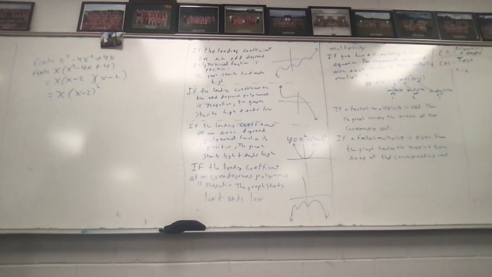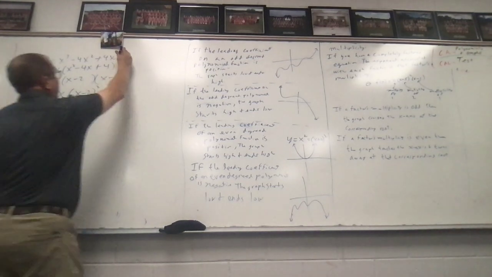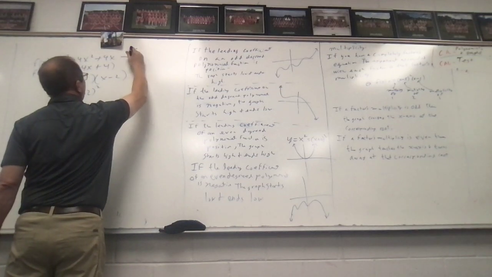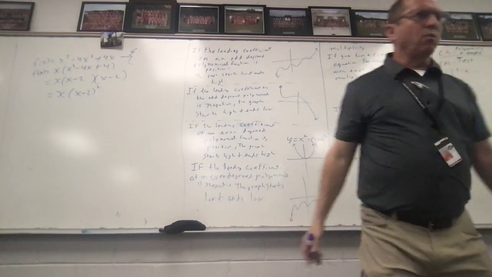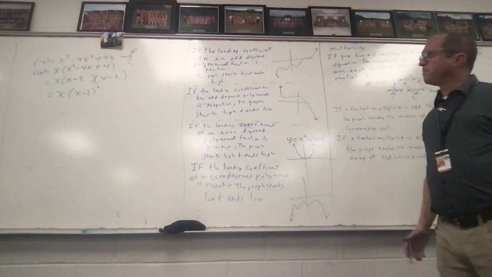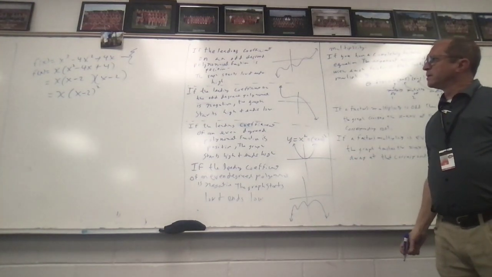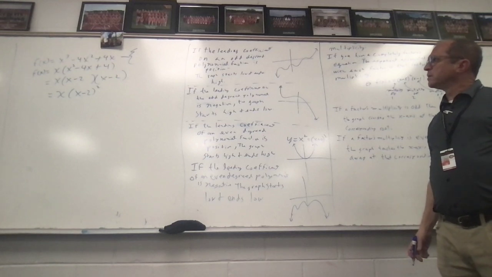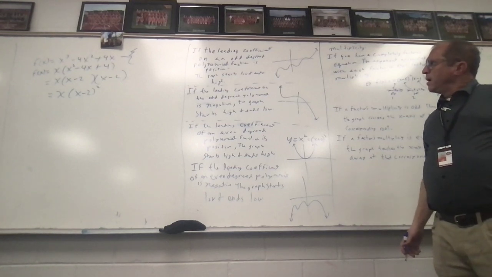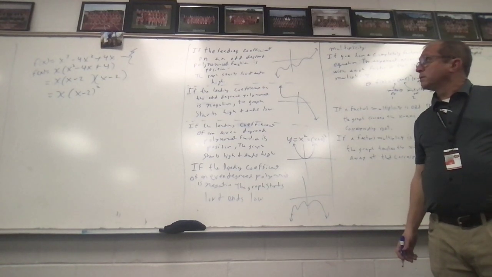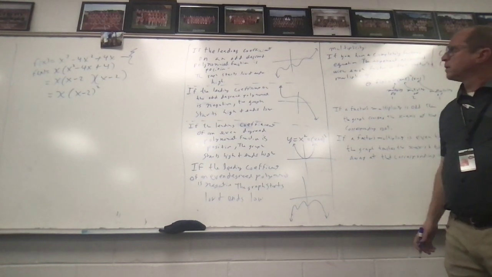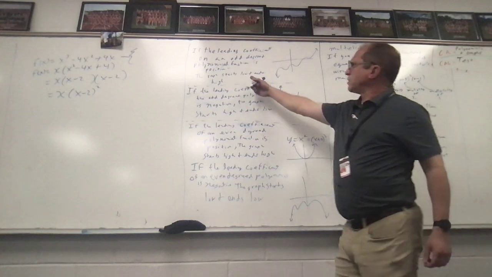All right. So we know that this graph right here, I didn't talk about that. Odd degree polynomial, positive leading coefficient. So what are the end behaviors on this graph? It's going to start low and end high. Start low and end high.